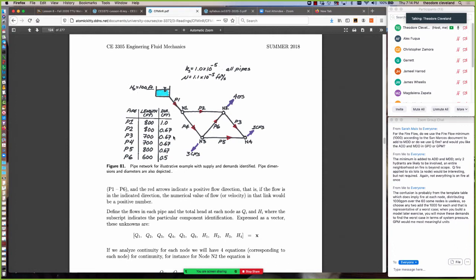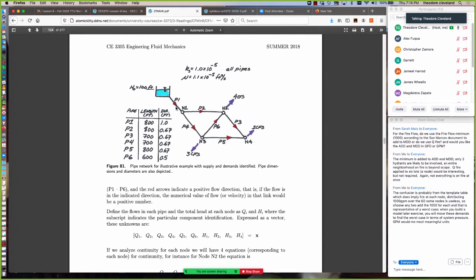So you can think of that as node 0 for the purposes of final equation assembly. Node 0 never really appears in the equations, but we'll get to that when we get to it. And it's connected to node 1 through pipe number 1. There's only one pipe, and we have arbitrarily chosen the flow direction from the reservoir to the node, and we've drawn a little red arrow to indicate that direction.